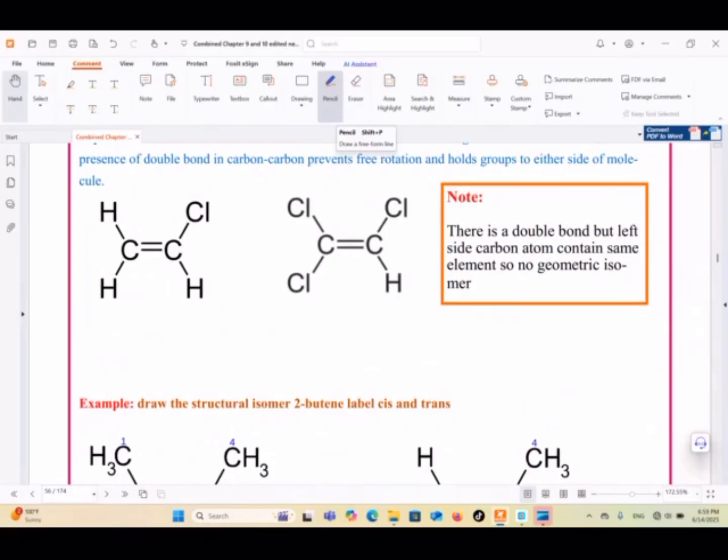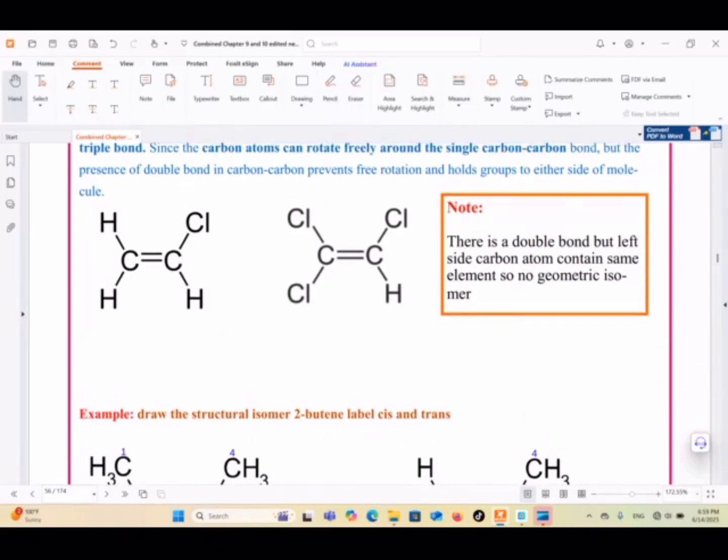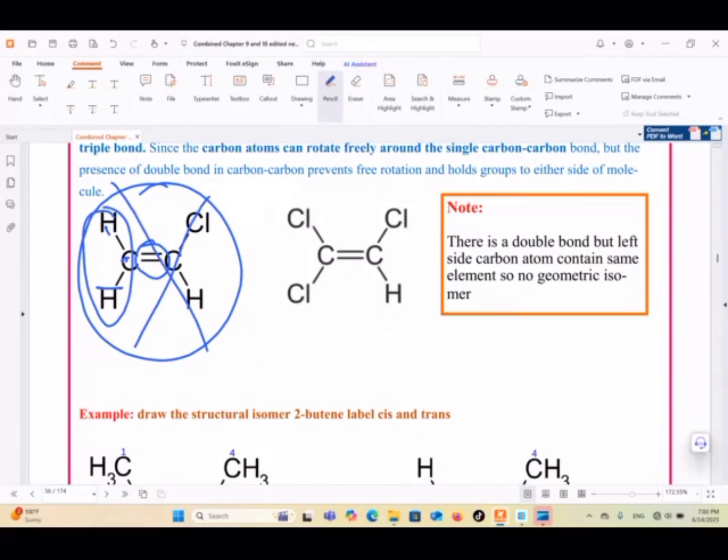Guys, let us test the following. Here, let us see if it forms a geometric isomer or not. Here we have got a double bond, and this carbon is attached to the same atoms, so it won't form a geometric isomer because the carbon should attach to two different atoms.